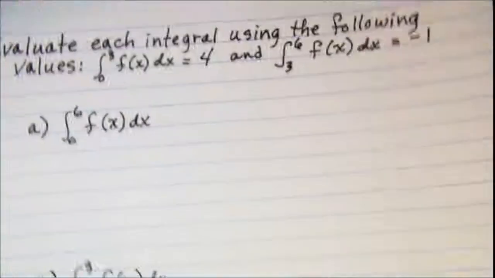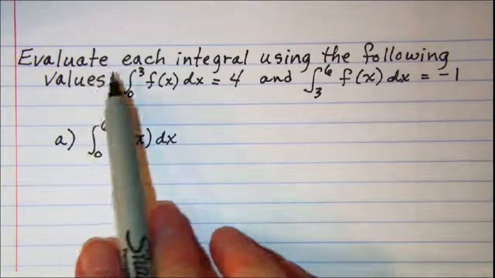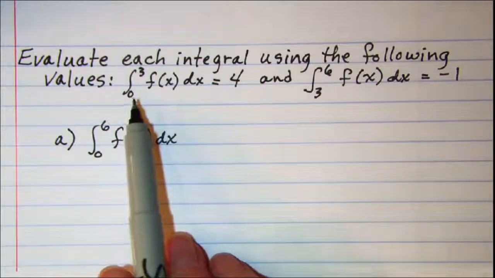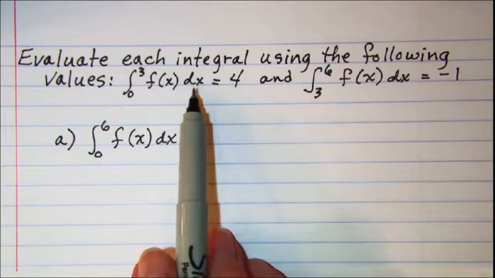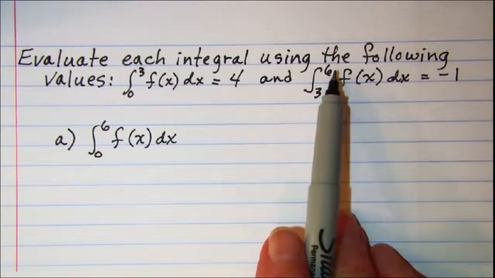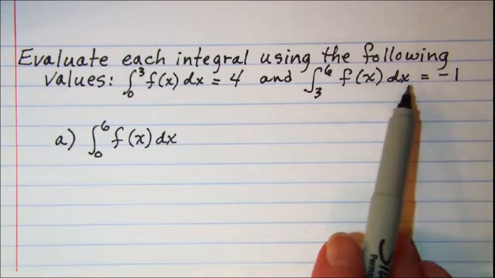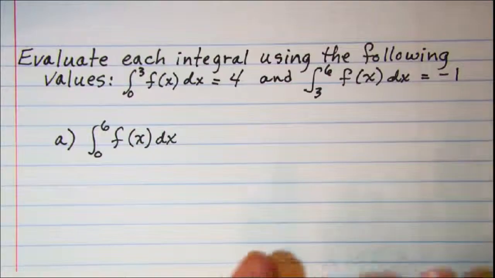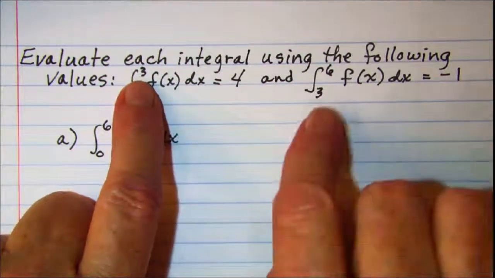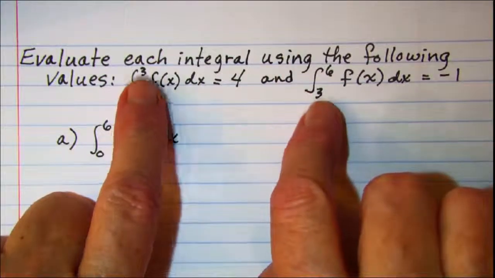Let's do some more. Here we're asked to evaluate each integral using the following values. The integral from 0 to 3 of f of x dx is 4. And then the integral from 3 to 6 of f of x dx is -1. Notice that the upper limit of integration on this one and the lower limit of integration on this one are the same.